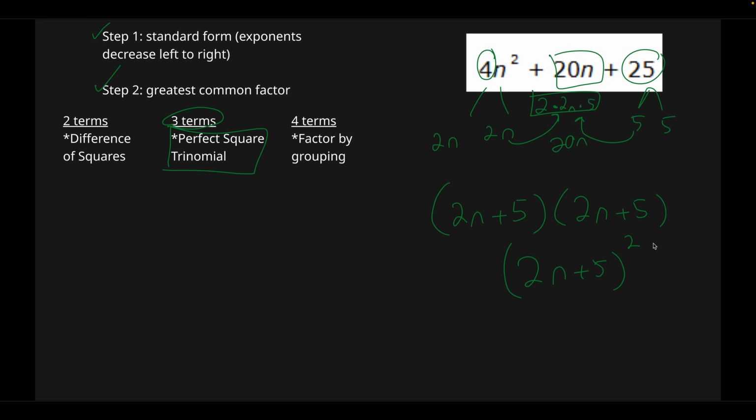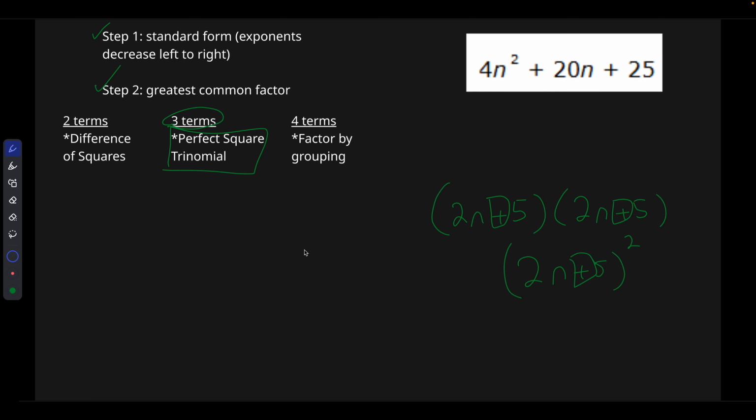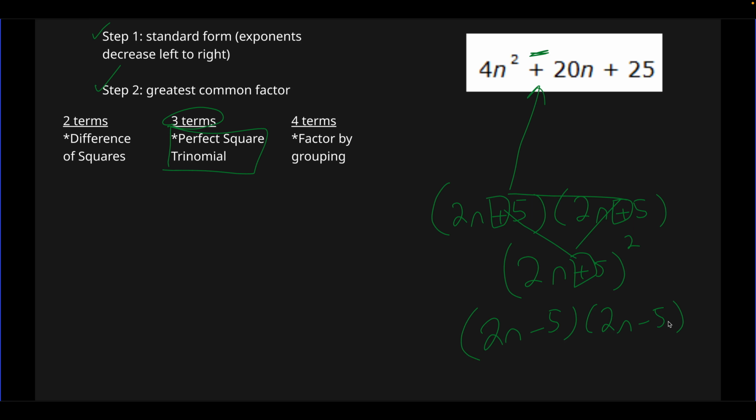The reason that there is a plus sign here, and all of these plus signs, comes from this plus sign right here. If this had been a minus, then your answer would have been 2n minus 5, 2n minus 5. So that symbol there determines whether your parentheses have a plus or minus sign.